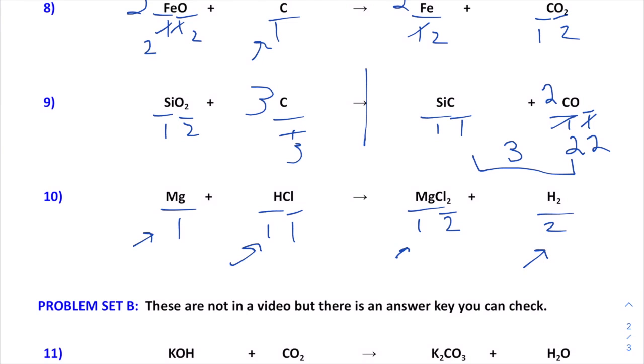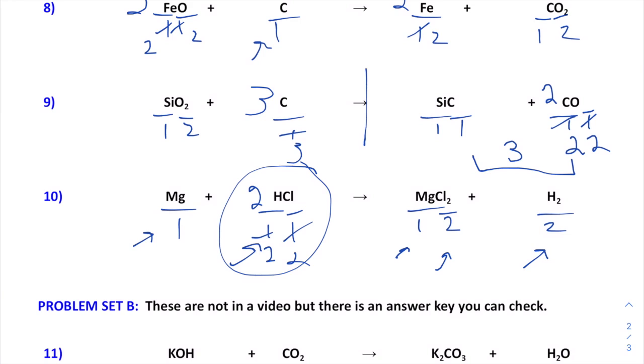So the one that's too little, on the left side here, I need more, so I'm going to multiply that. If I put a big 2 in front, that will change it to 2H and 2Cl. And now I'm going to check my Cl's on the right, and those are also 2. So that worked out perfectly.